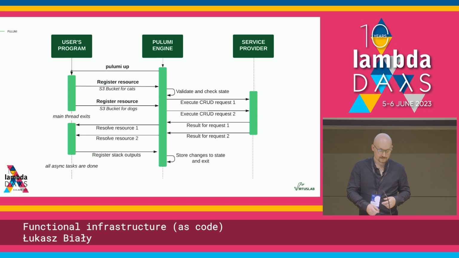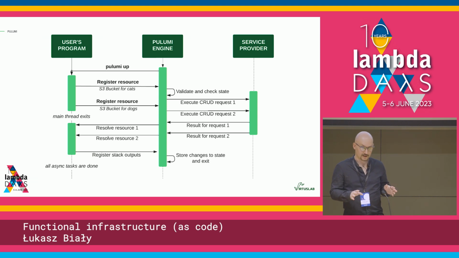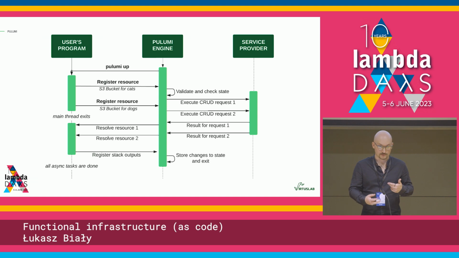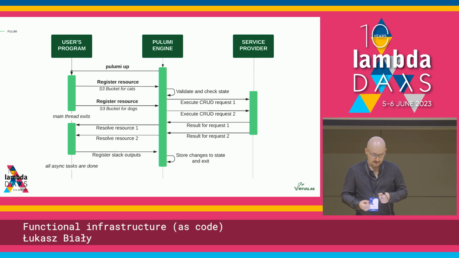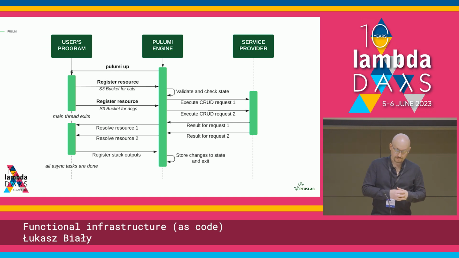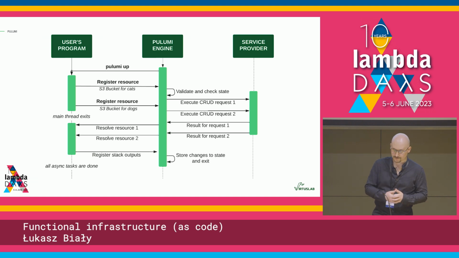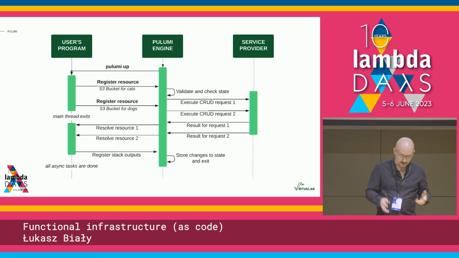Then we have to wait, and there's a quite important thing. The main thread, so to say, completes the program. It doesn't do anything else. So all the stuff that is happening afterwards is completely asynchronous, and it's basically operating on callbacks. After some time, eternities when it comes to some cloud providers, we get a result for our requests, and they arrive.